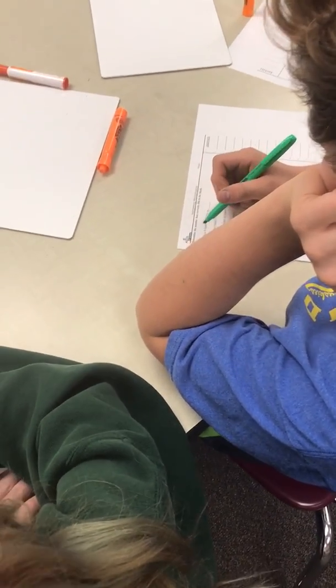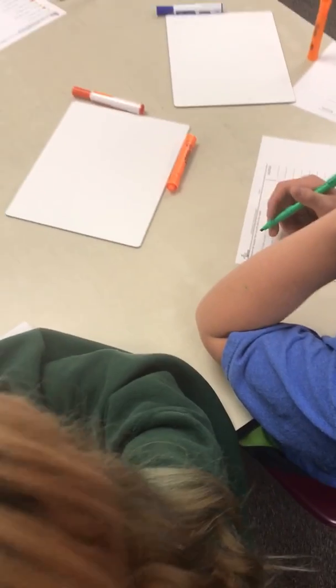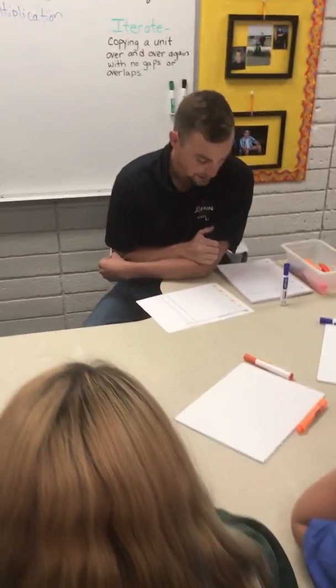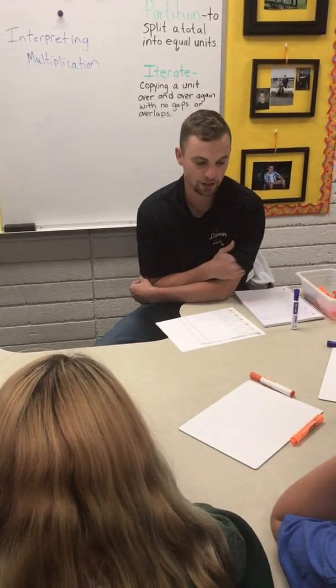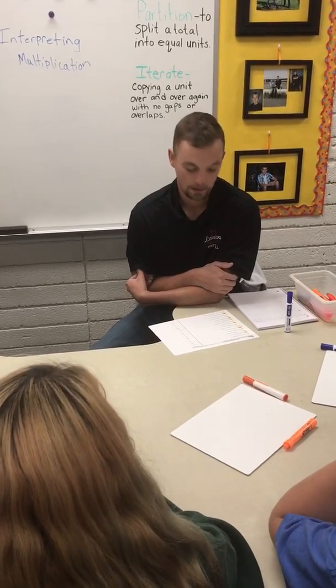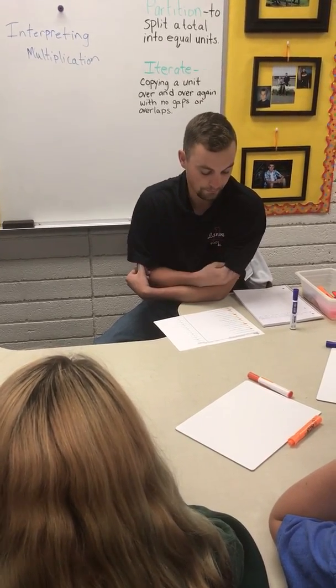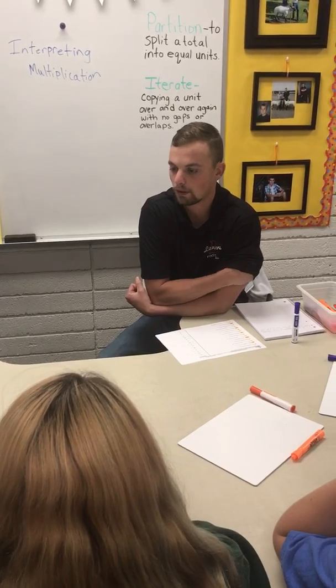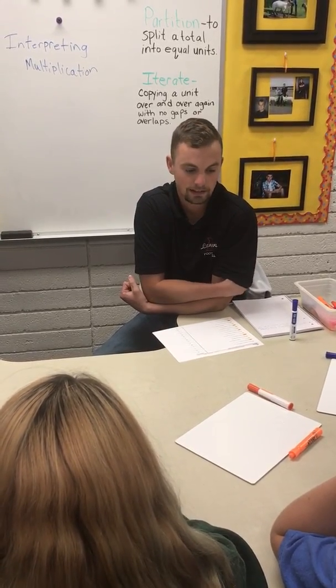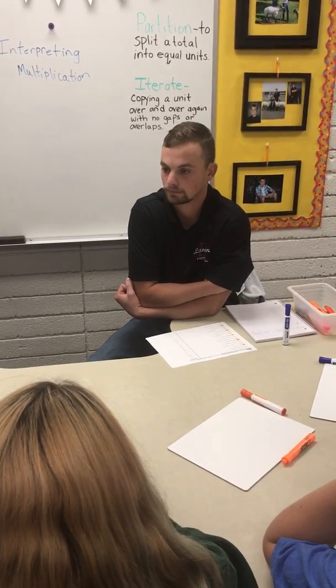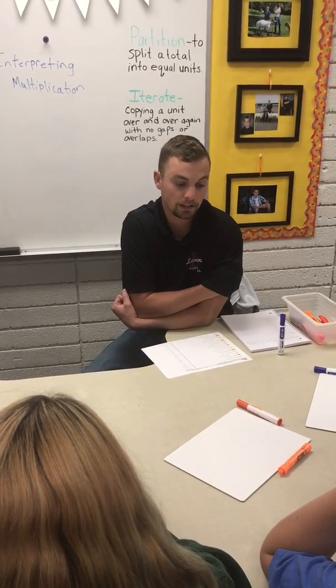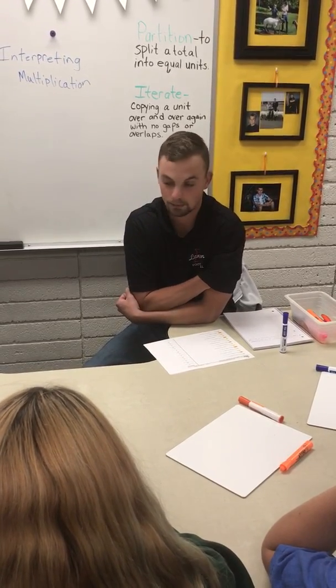Okay. Problem 2. 4 times as many as 3 is what? Is there any division that needs to take place in that problem? No. And how can we know that? What's missing? Is there a total in that problem? No, there's no total. So we need to figure out the total, which means we're just going to straight multiply.